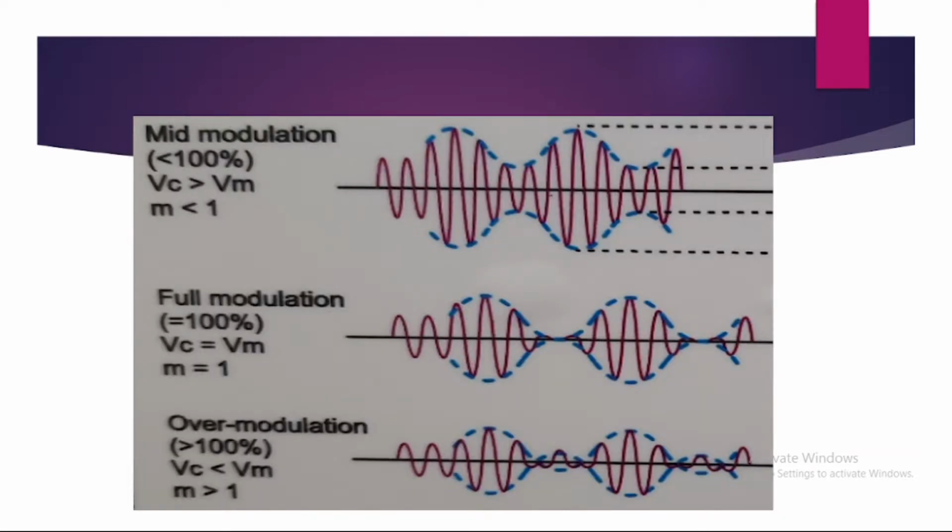Using the balance modulator, we transmit the signal using three different modulation techniques. First, we use the mid modulation technique, which is less than 100% modulation.